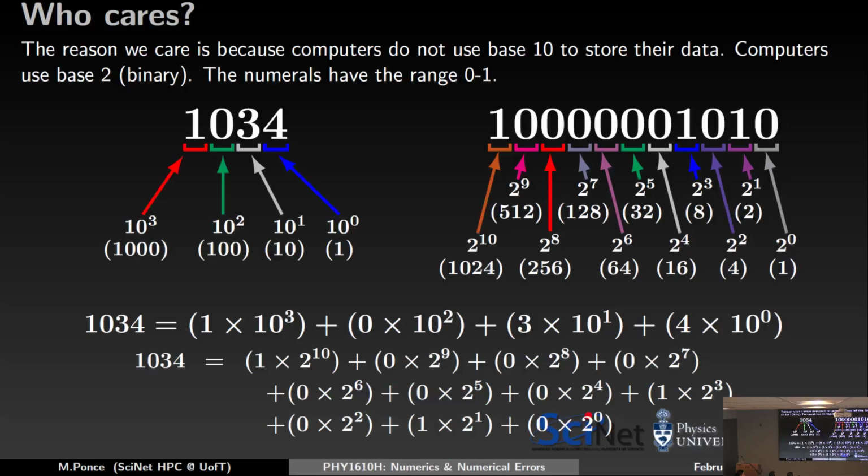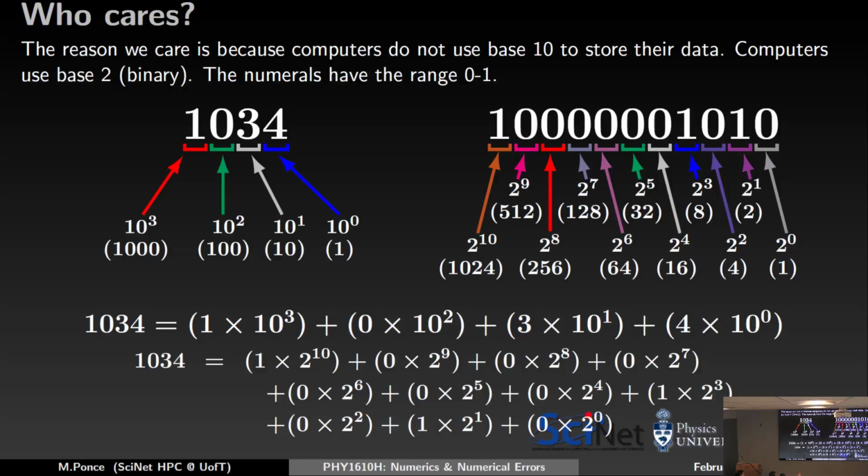But in floating point, I could represent it as 0, 0, 0, 0, 1, 0, 1 times 2 to the power of 10. Oh, sorry, I'm missing one. 1, 2, 3, 6, 7, 8. There you go. And you still store all those numbers.